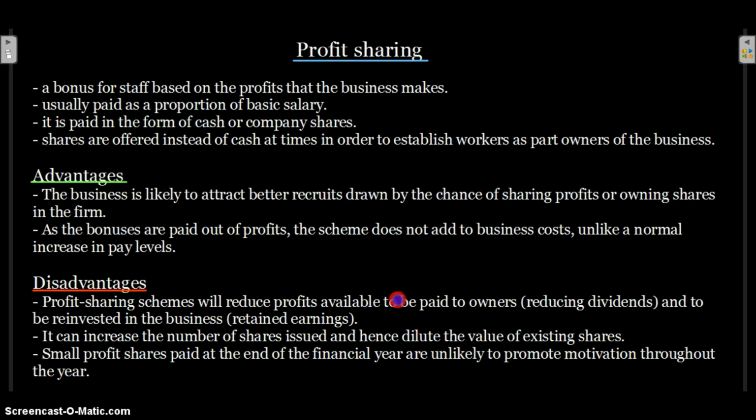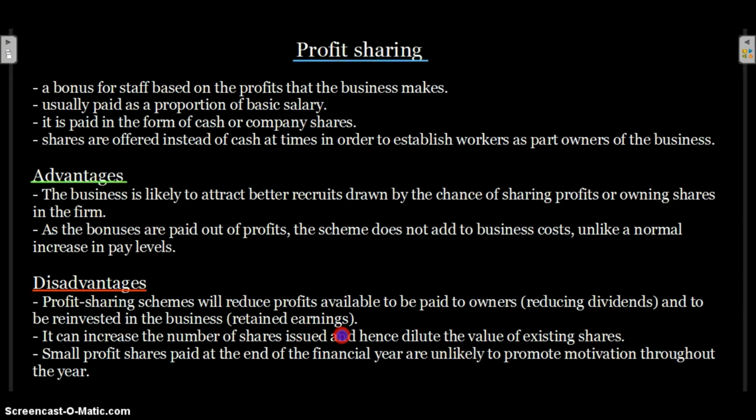If you issue more shares with the surplus profits that the business makes, then there's less profit left for the owners, which reduces dividends, and there's also less left for investment in the business. You can't reinvest back into the business because you have already given that to some other person.